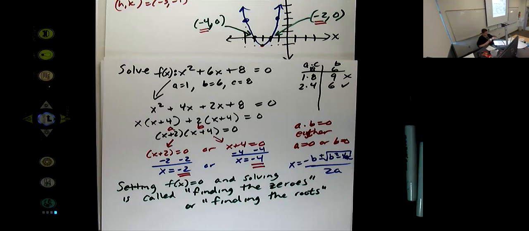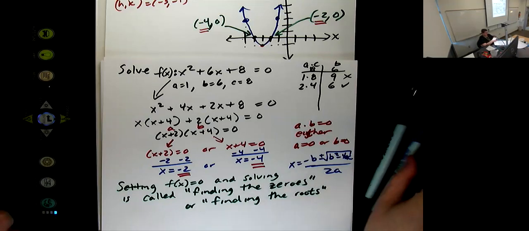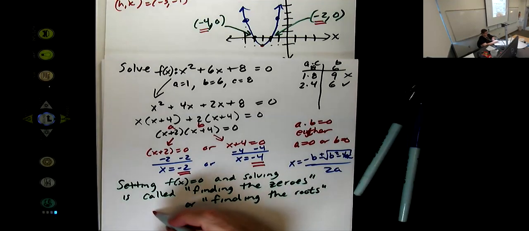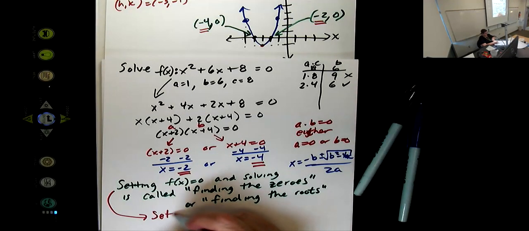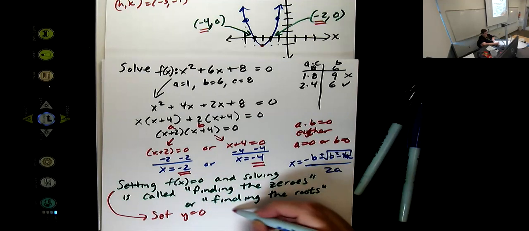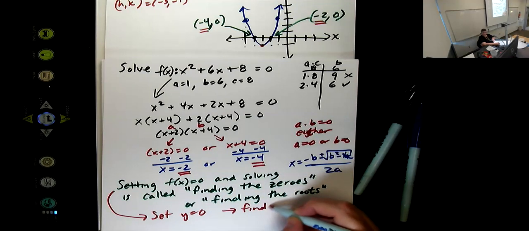Setting f of x equal to 0 is the same thing as saying set y equal to 0. And when we set y equal to 0, we're finding the x-intercepts.